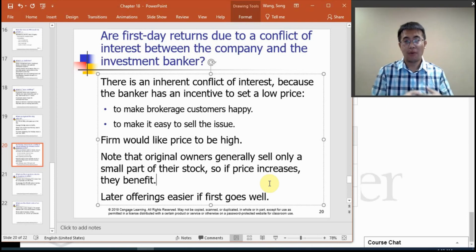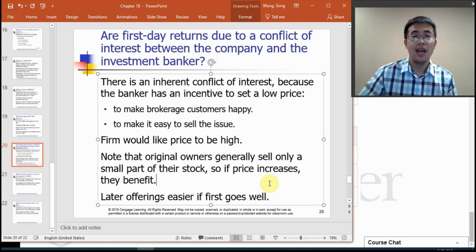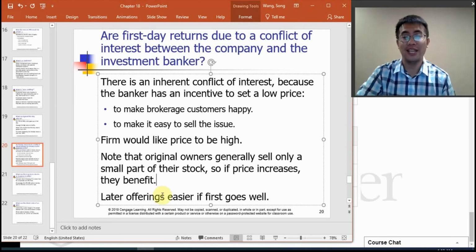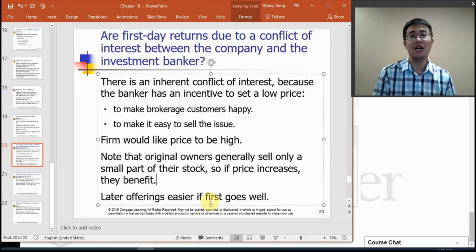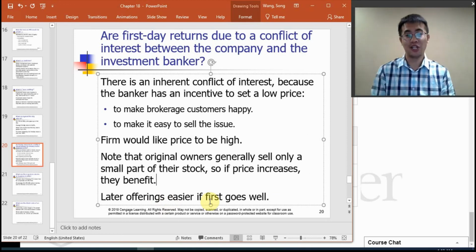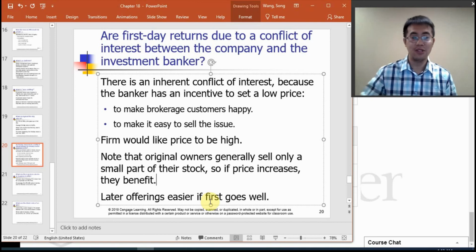And when the stock price increases, the general public will view this stock as a good investment opportunity, and that's going to make later offerings easier. So if the company wants to sell more shares in later stages, it will be easier because it has a good performance history.